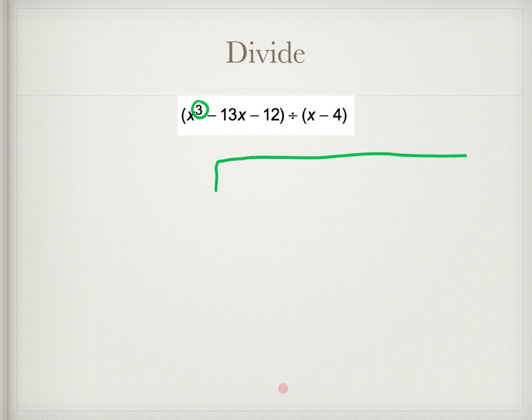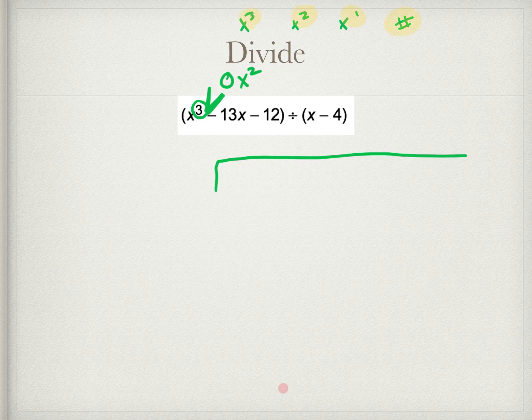So if this is x to the third power, that means we need x to the third power, x squared, x to the first power, and a constant. What am I missing? X squared. So in that space right there, right after the x to the third power, I'm going to put a 0x squared. So you have to have every degree represented here. Third power, squared, 1, constant.